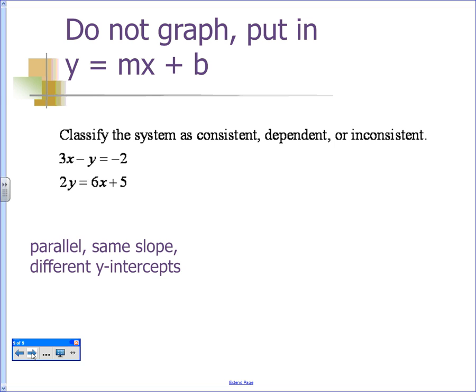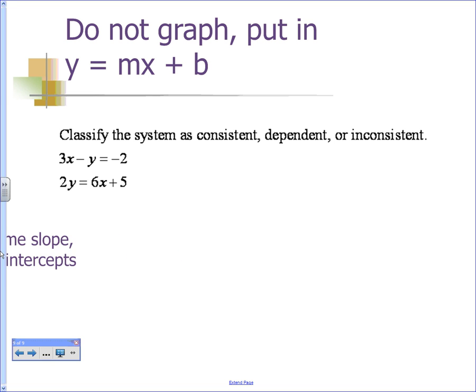Looking at this one, figure out whether it's consistent, dependent, or inconsistent. We don't need to graph these. Okay, someone go put it into y equals mx plus b form for the first one.